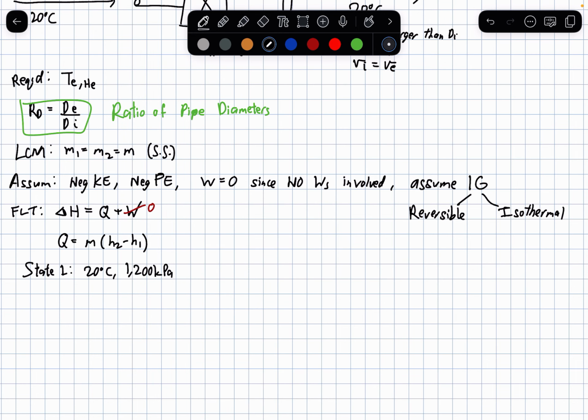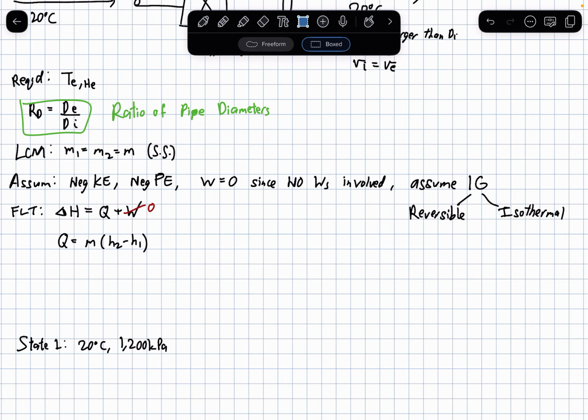Process reversible and isothermal. Since reversible has been mentioned, I think we're gonna also have SLT, our entropy balance. Reversibility has already been mentioned, so yeah. Isothermal, dT equals 0.